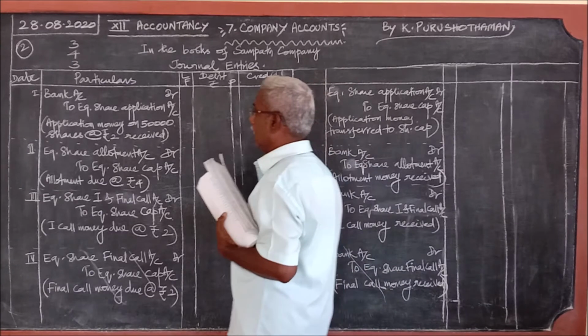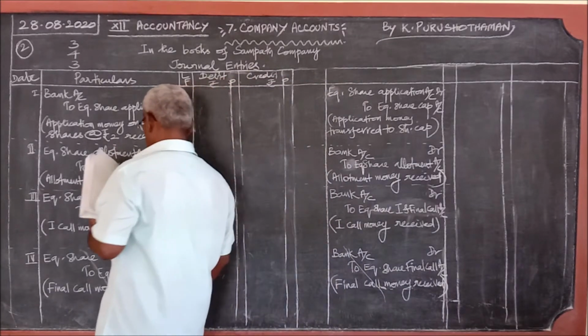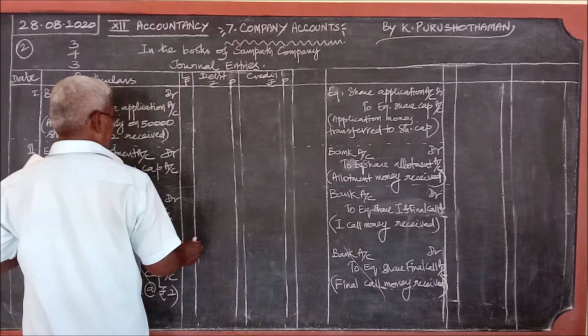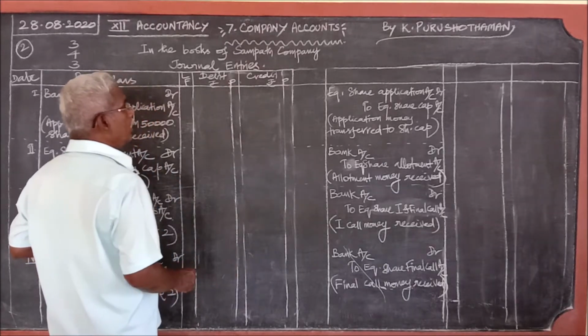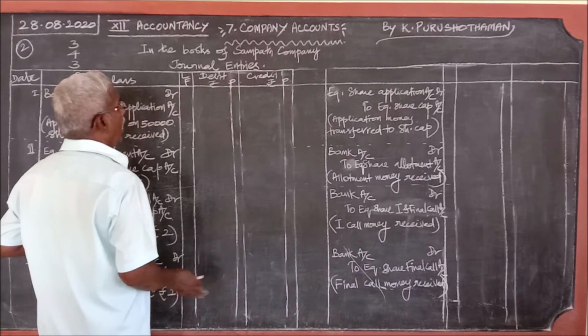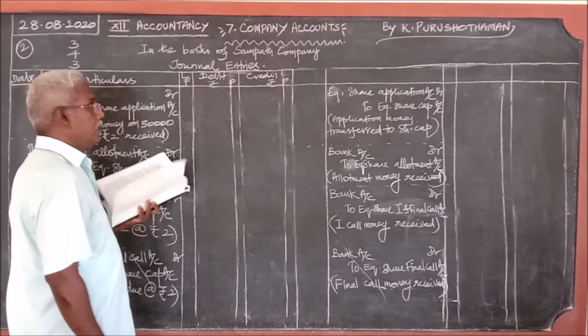Since there are only 3 stages, 3 sets of journal entries, 3 into 2, 6 journal entries are sufficient.